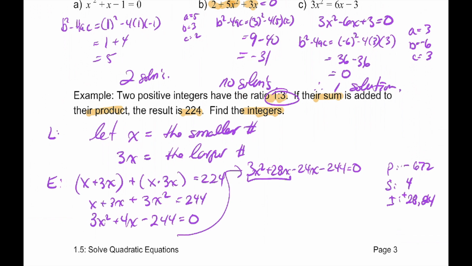So in this case, at best I could do is just factor out an x. So we get 3x plus 28. And with 244, I'm guessing you factor out an 8.